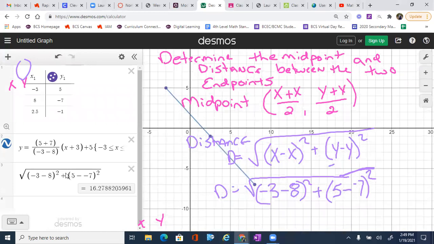So the distance in this case equals 16.27 units. That represents the distance all the way from here to there.